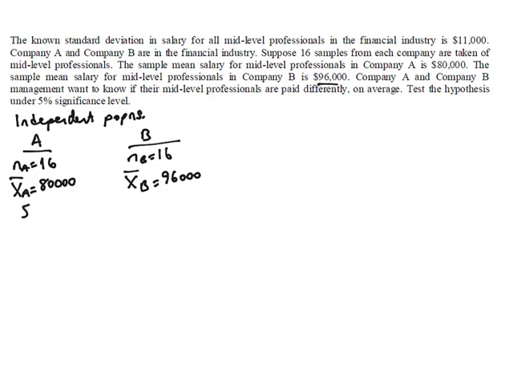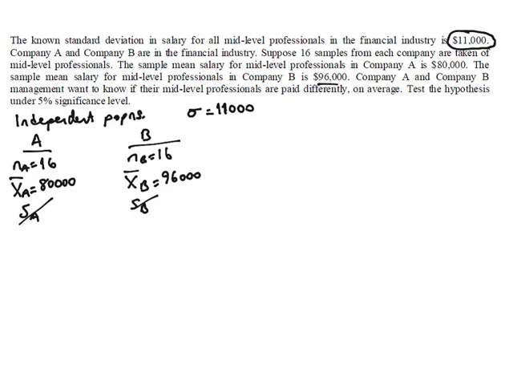So we don't have any S_A and S_B values, as you can see. But we have a value which is $11,000. It is a previously known thing about the standard deviation, so it is the standard deviation of the population, which means sigma is 11,000.